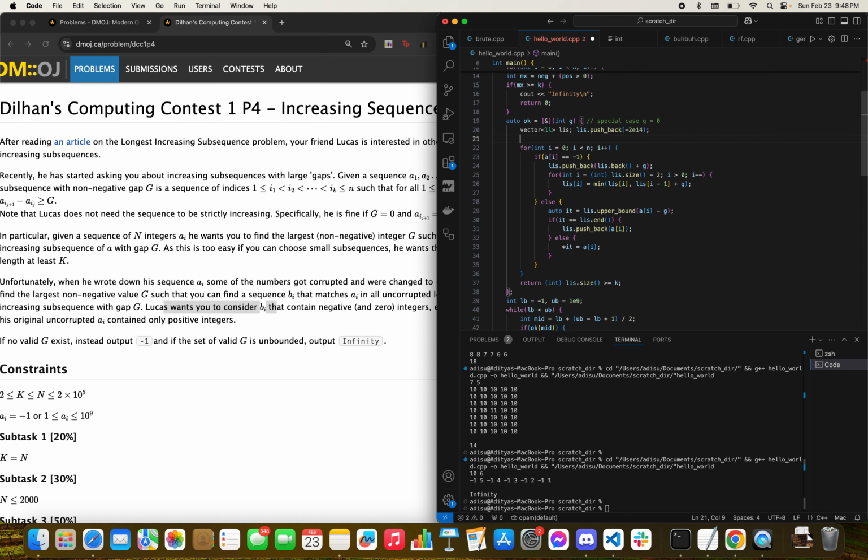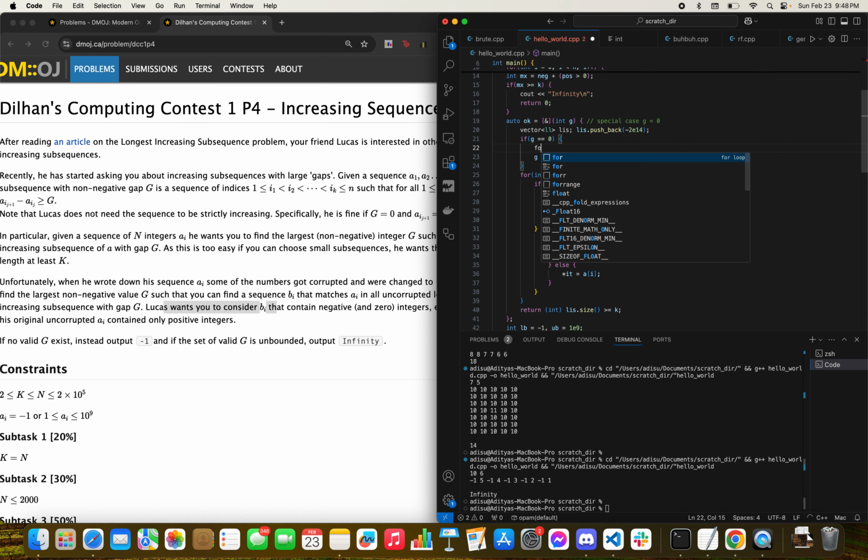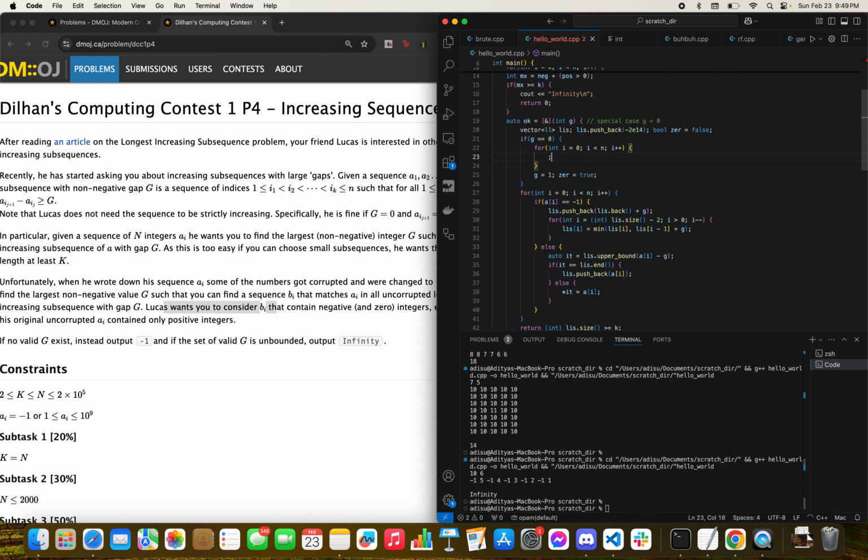And then let's just handle if g equals 0. Actually, I think g equals 0 is just handled.